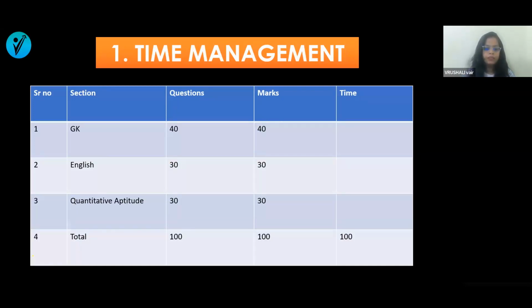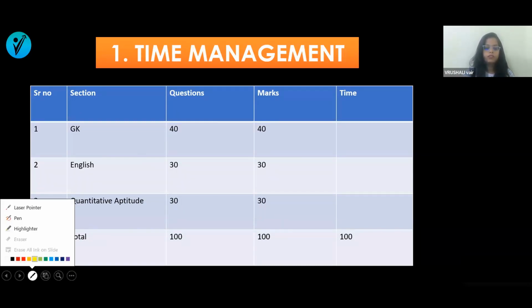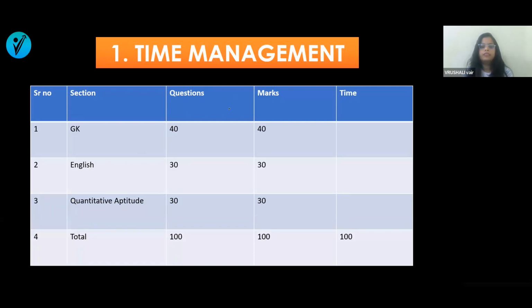We know these things, right? From the GK they ask 40 questions, from the English 30 questions, from the quantitative aptitude 30 questions, and marks are also the same.